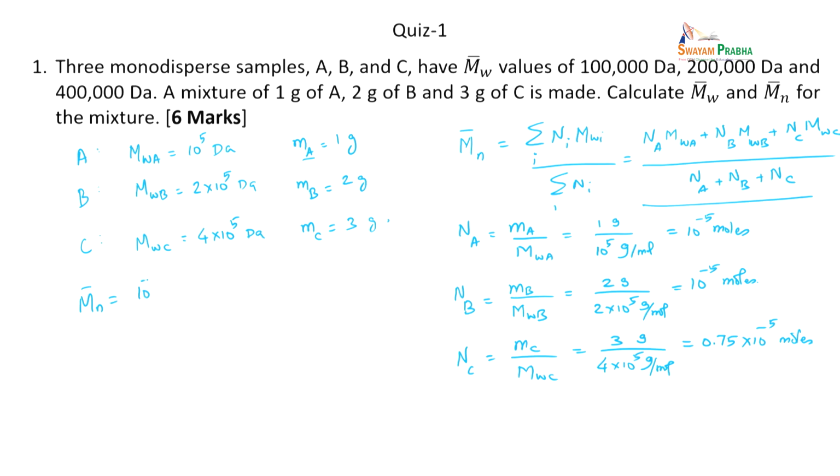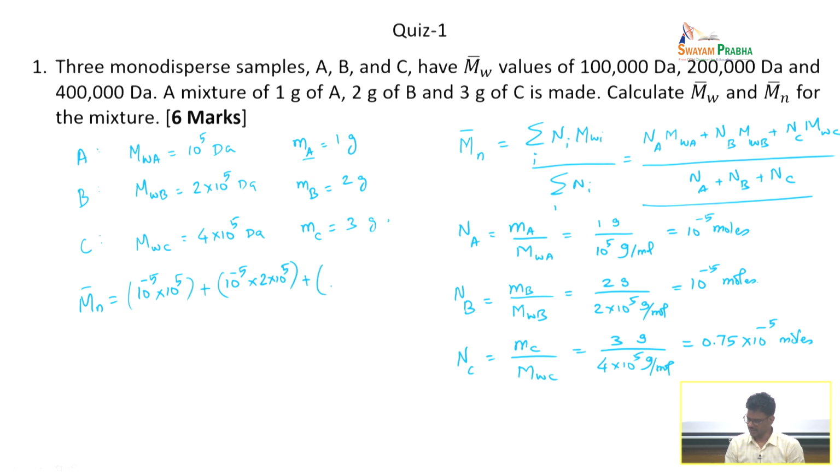So Na is 10 power minus 5 multiplied by MWA, that is 10 power 5, plus Nb is 10 power minus 5 and MWB is 2 into 10 power 5, and Nc is 0.75 into 10 power minus 5 times 4 into 10 power 5, and this divided by 1 plus 0.75 into 10 power minus 5.